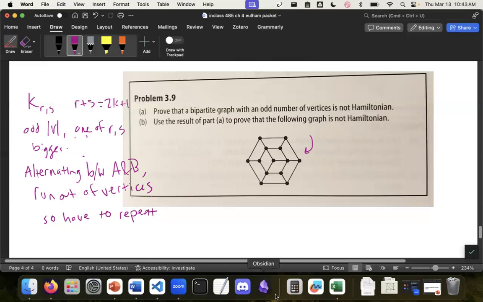Okay. So why is this one not Hamiltonian? Someone from this side of the room. Any ideas?